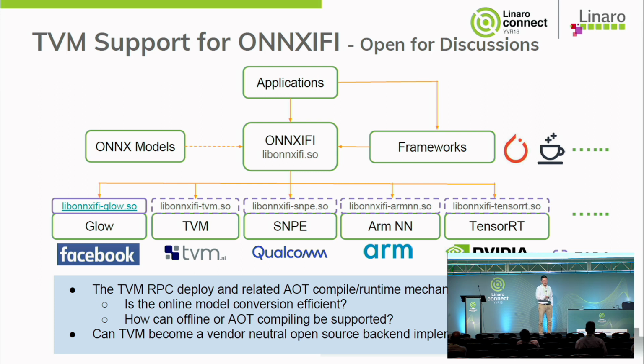So for other backends, I think it should still be open for discussion how we can support ONNXIFI, right? Probably we can add a TVM backend using a libonnxifi-tvm library. We can add a Snapdragon backend. We can add an ONNC backend. We can add a TensorRT backend. I think it should be part of the future work.